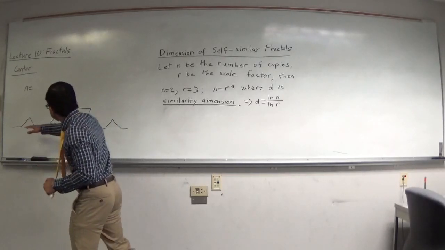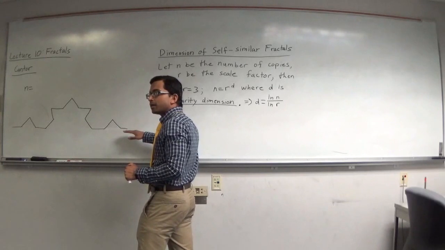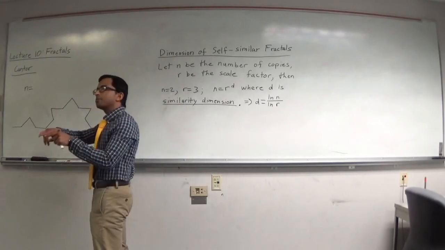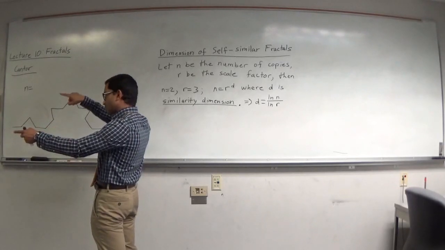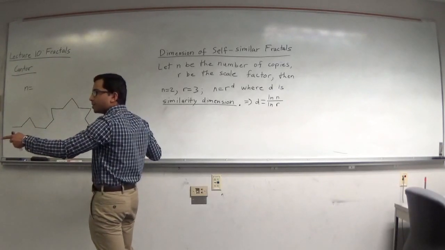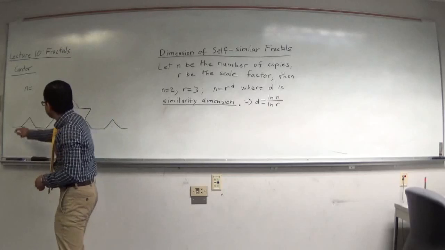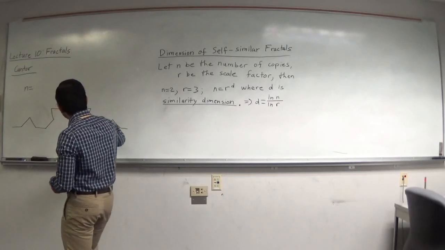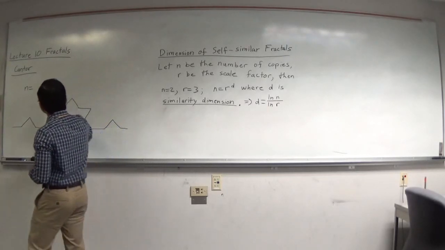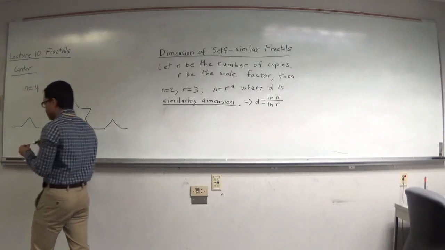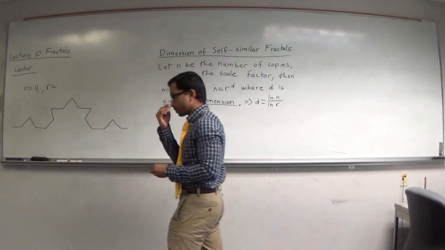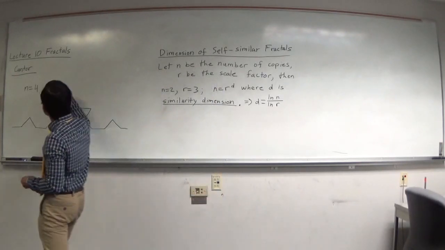We went from a line, took out the middle, but then drew a triangle, so we have 1, 2, 3, 4 copies. That's why n is going to be 4. And the scale factor for each of those copies is 1/3, so r equals 3.